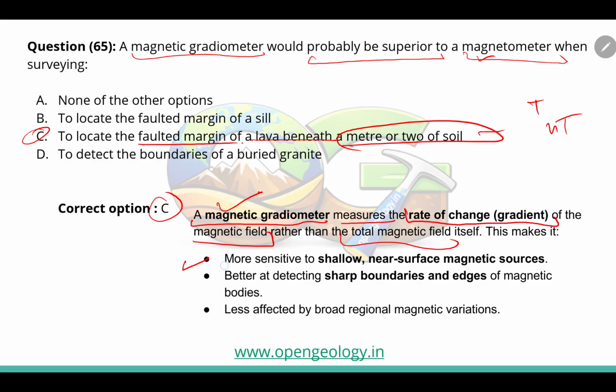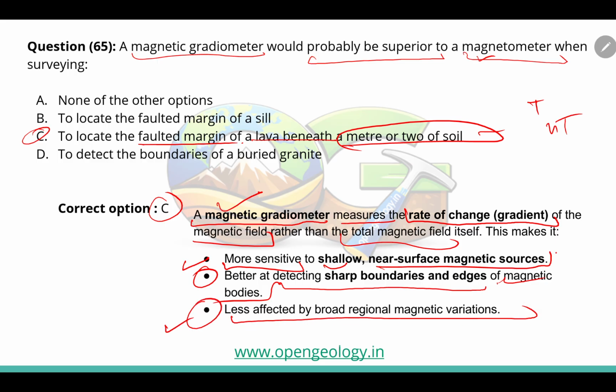Change is more sensitive to shallow and near-surface magnetic sources. It is better at detecting the sharp boundaries and edges of magnetic bodies, and it is also less affected by broad regional magnetic variations. So all of these three make it important for measuring faulted margins.